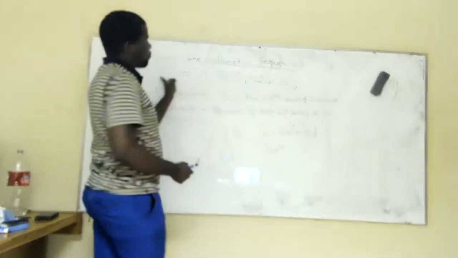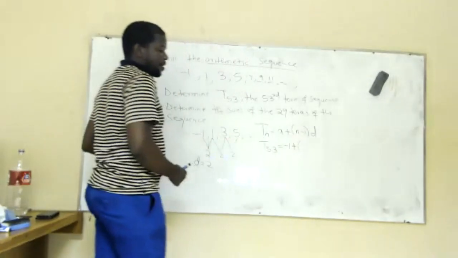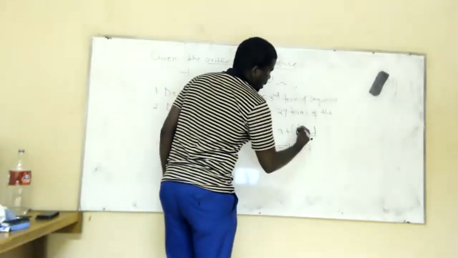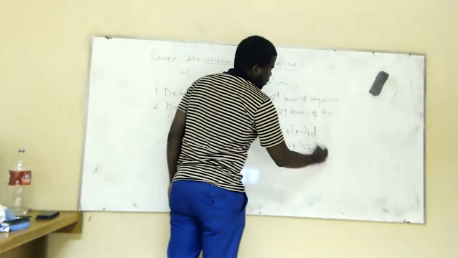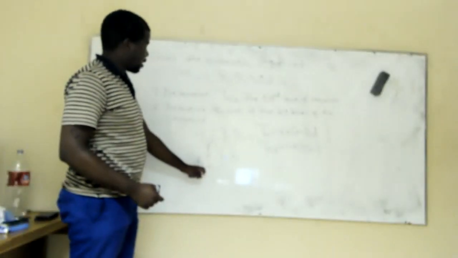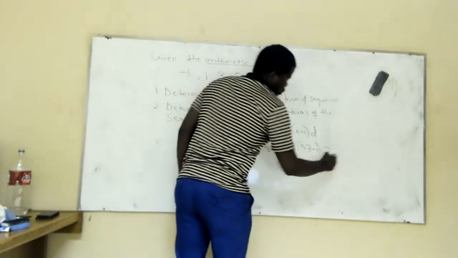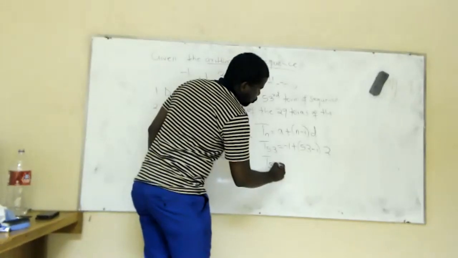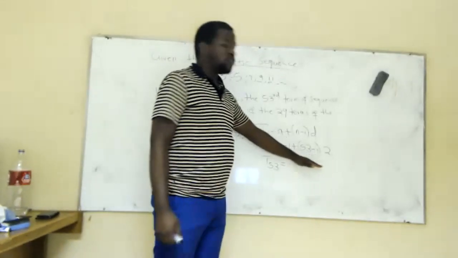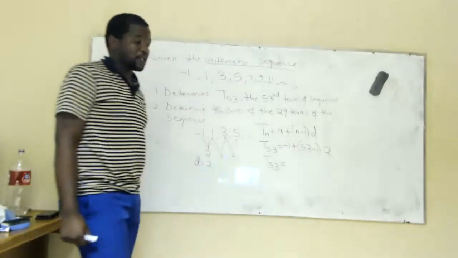The first term from this sequence is -1, plus n, and if we are looking for the 53rd term, the number of terms is 53, minus 1, multiplied by the common difference we obtained when verifying that the sequence is arithmetic. The common difference is given as 2. By doing so, you would have obtained the expression which leads you to the answer. Can you put this into your calculator and tell me the answer you obtain?